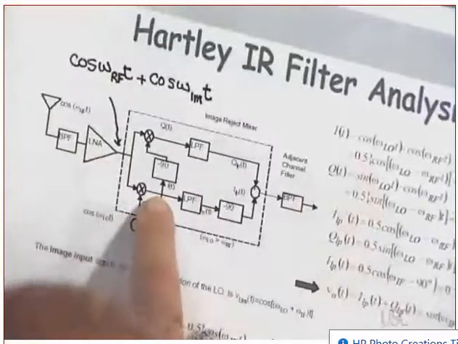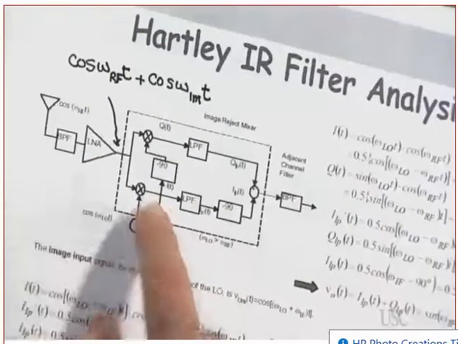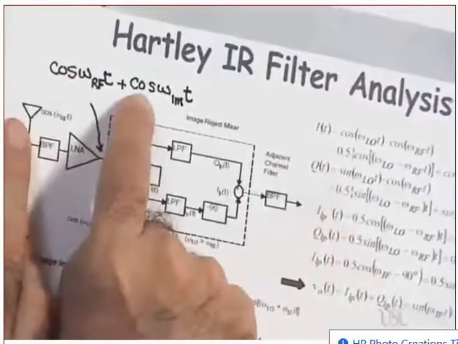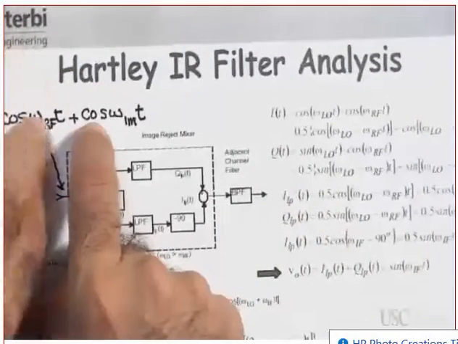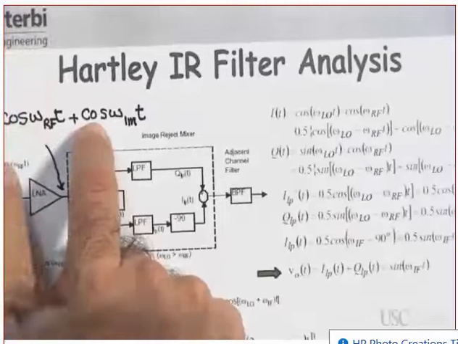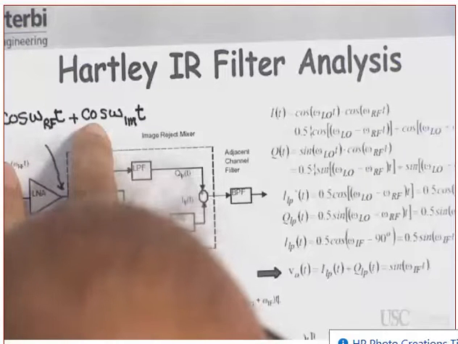Now, let's calculate the I of t. This is the I of t now. Is this multiplied by cosine?